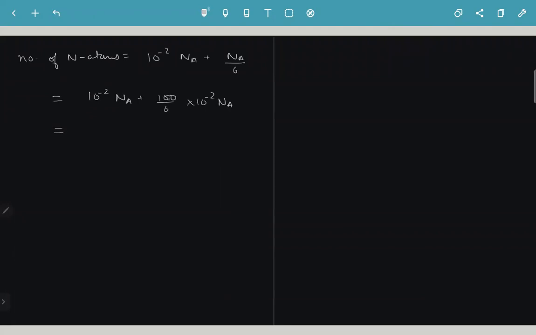So this is 16.66 plus 1, 17.66 into 10 raised to minus 2 Na, which is 0.1767 Na.